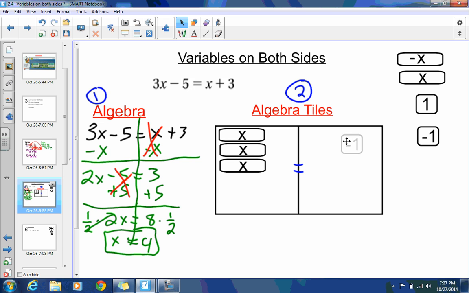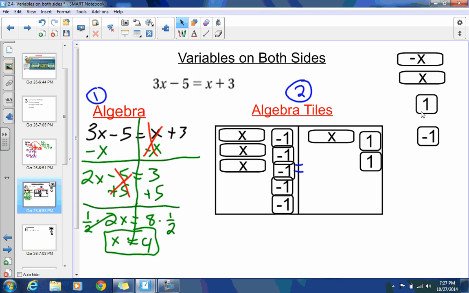And we're going to use our negative ones here. So -1 we have, -2, -3, -4, and -5. So we have 3x minus 5. And on the right side, we just have 1x plus 3. So +1, 2, and 3. All right, so this is just a visual representative of our equation.